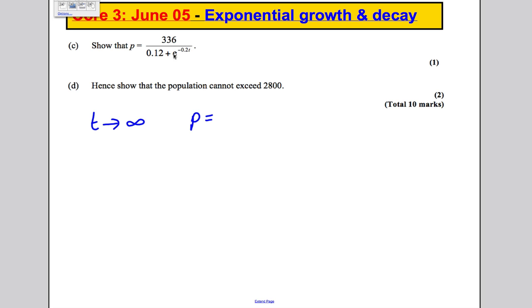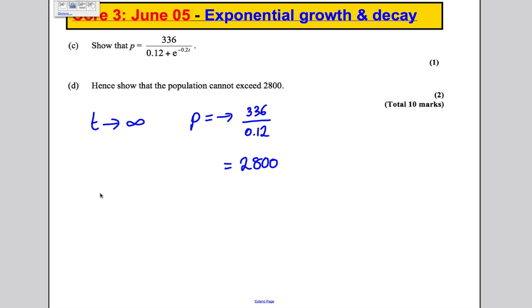Well, e to the minus a massive number would tend to 0. So P would start tending towards 336 over 0.12. And 336 divided by 0.12 would be equal to 2,800.